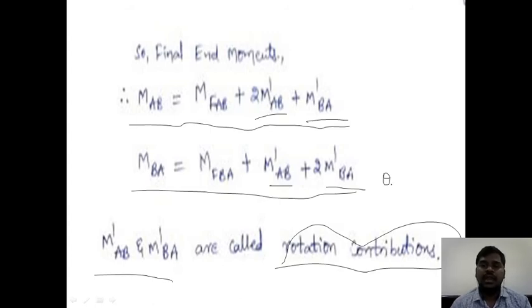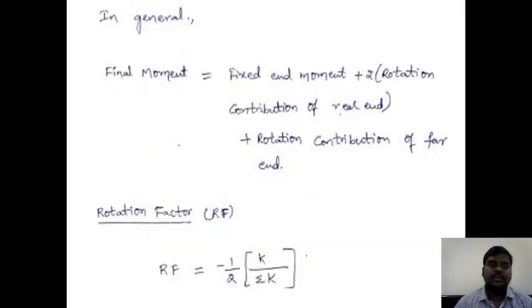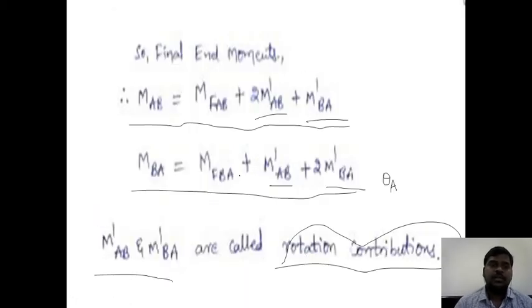So due to theta A and theta B we have some moments developed, and those moments are called rotation contribution. This is a most important short answer question. In general, this statement is written as MAB is equal to MFAB plus 2 times M dash AB plus M dash BA. Please remember this. I am going to the next slide.